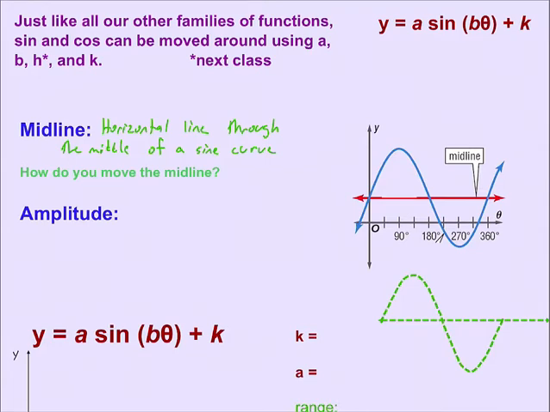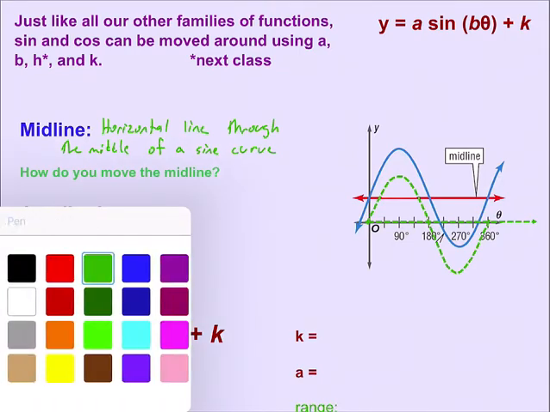Now, normally, when we graph just the parent function, which would be right here, that midline is right on the x-axis. The midline for the parent function is y equals 0. But we can move the midline up or down the same way we move any other function up or down, simply by adding a k.